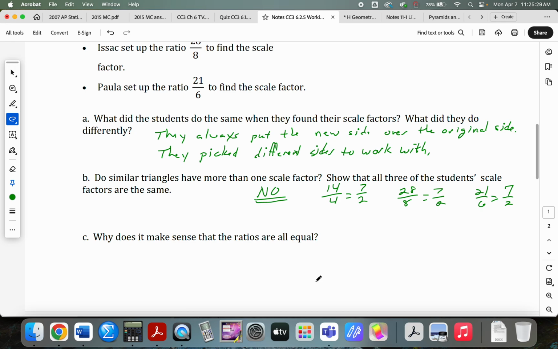So why does it make sense that the ratios are all equal? Because if the ratios are not equal, the triangles wouldn't be the same shape.